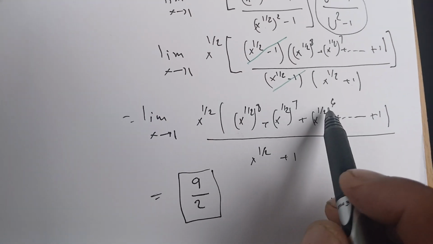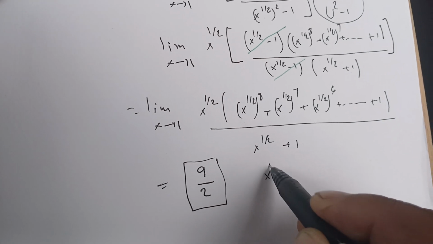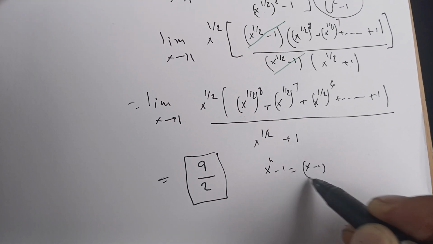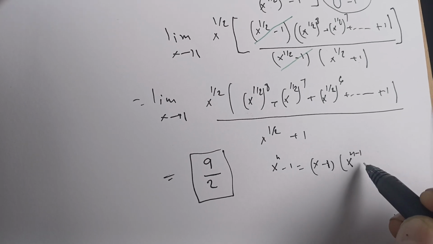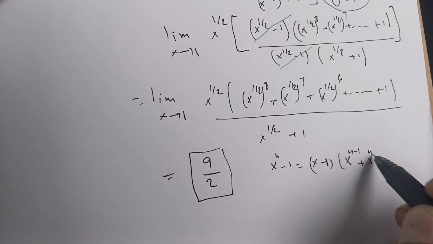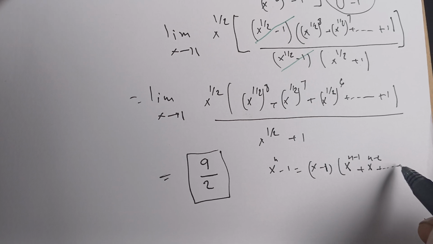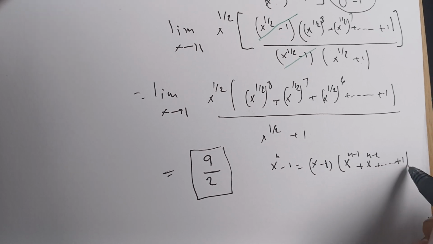Here we have used the fact that x to the power n minus 1 is x minus 1 times x to the power n minus 1 plus x to the power n minus 2, and we keep decreasing the powers until we get to 1.